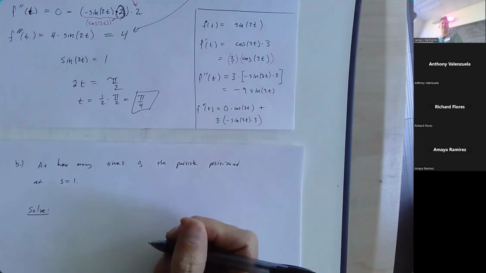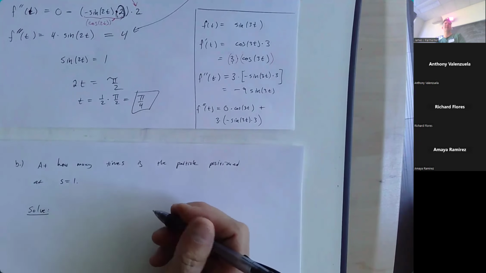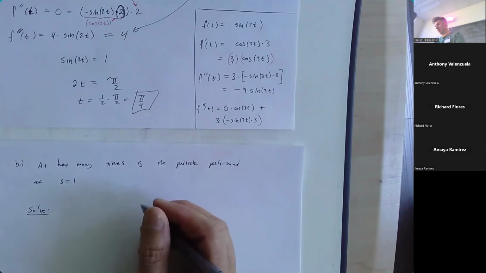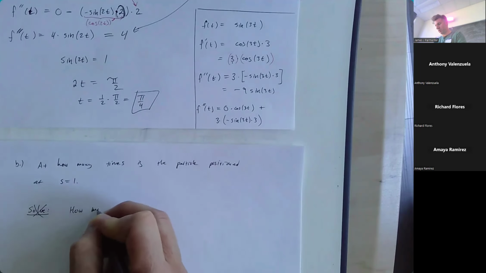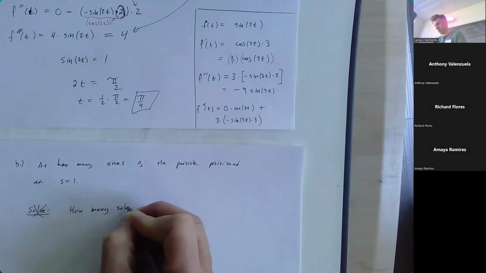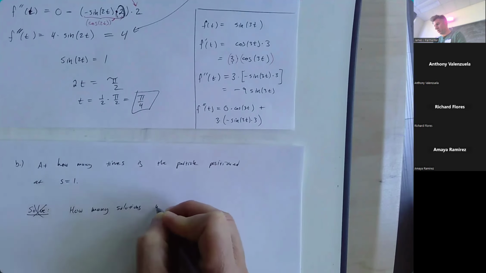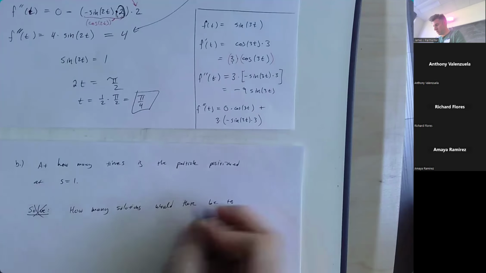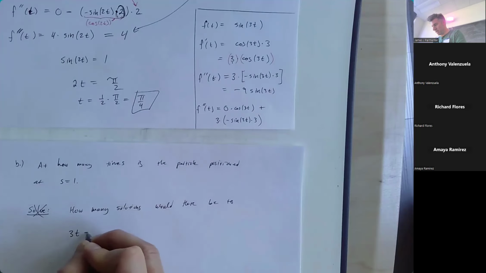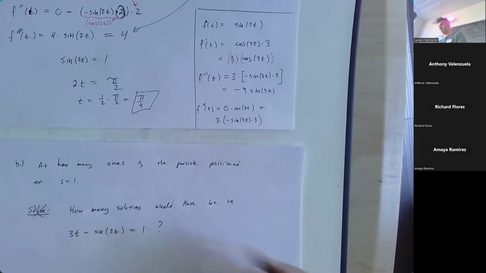Maybe we're not actually trying to solve though, because they didn't ask to find the times. They said how many times. So we're saying not solve, but how many solutions would there be to 3t minus sine of 2t equal to 1?